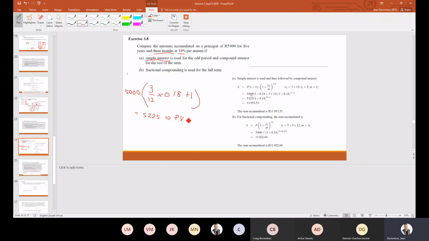So now you can go and say, okay, the 5225, that is my present value. This is run annually, so it is 1 time per year. It is for 5 years.